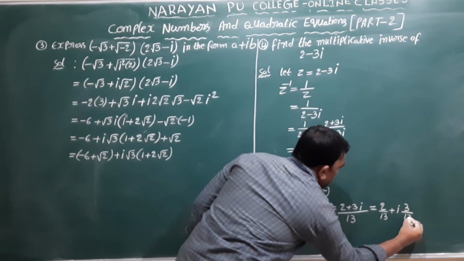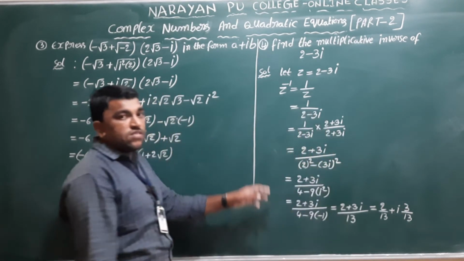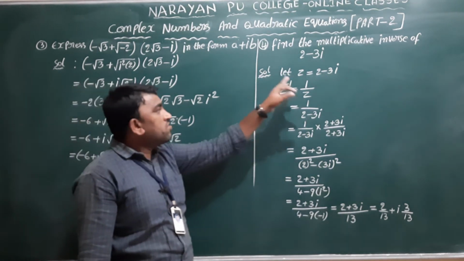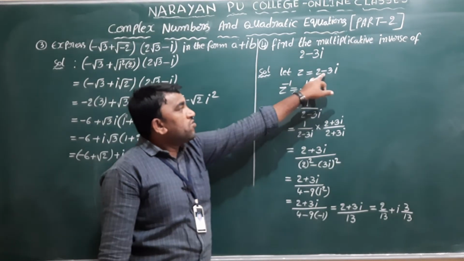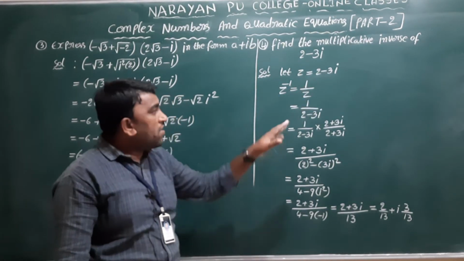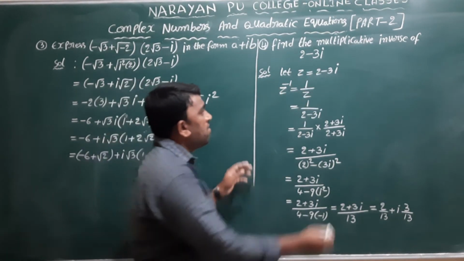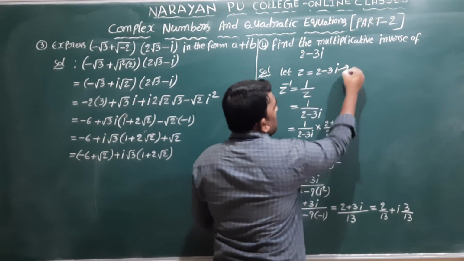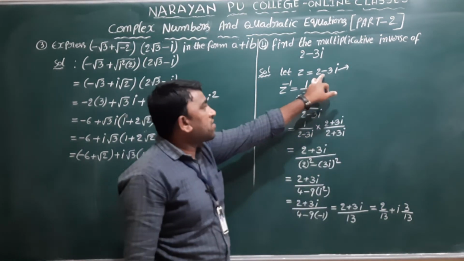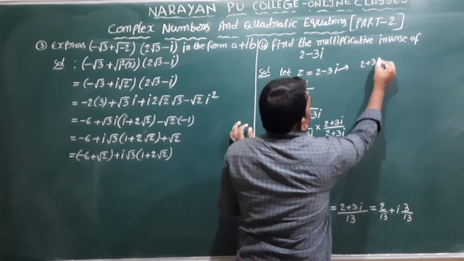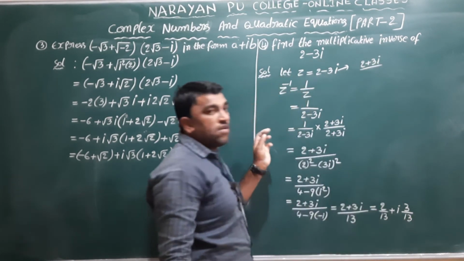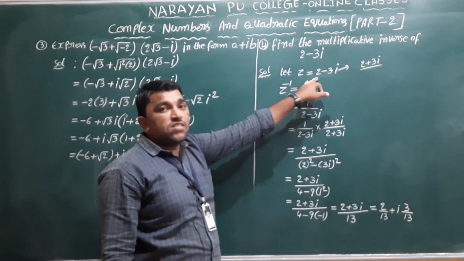See, in the objective, if the same question is asked, you can do it directly, but don't do it this way in the pure written exam. Suppose 2 minus 3i is there. If you want the direct answer for the multiplicative inverse, first take the conjugate of this complex number in the numerator. Conjugate is 2 plus 3i, divided by the modulus square.